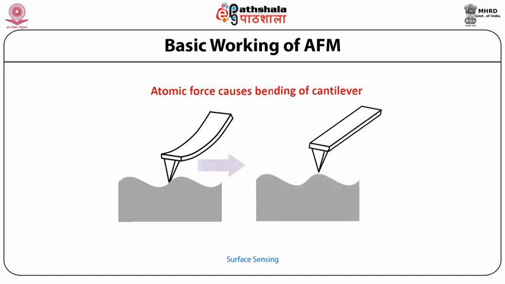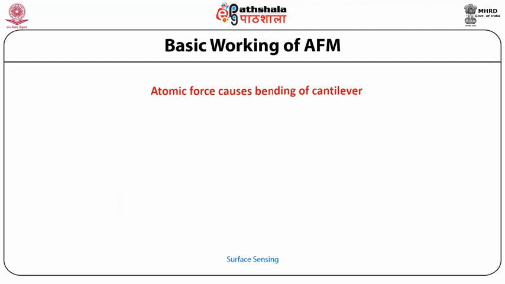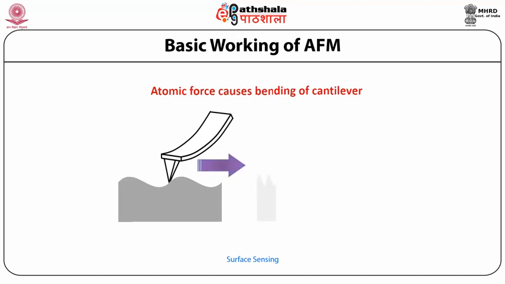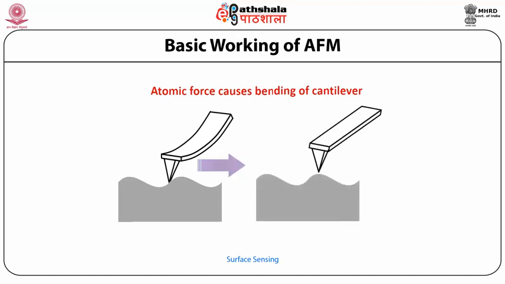Detection of cantilever deflection. A laser beam is used to detect the position of the cantilever throughout the process, during approach with attractive force of the tip towards the sample surface and deflecting away from the surface due to repulsive force on reaching closer to the sample.